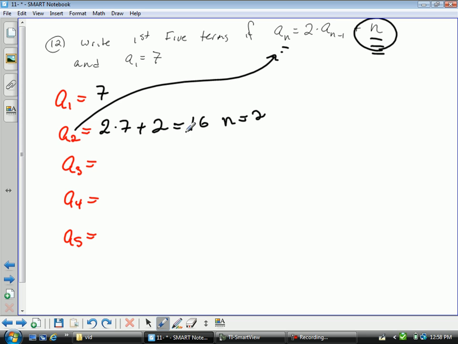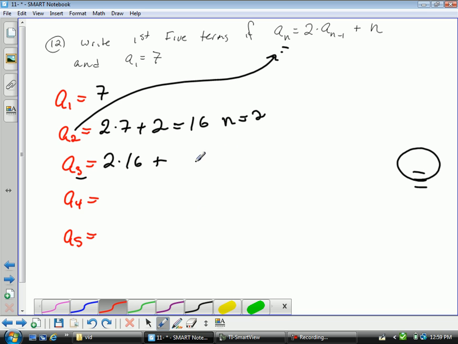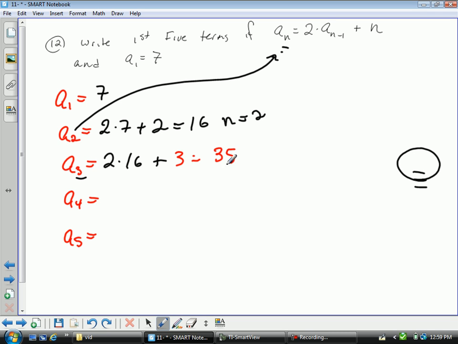So it's 16. Then for the next one, you're going to get 2 times 16 plus n. Well, it's that guy right there, which is 3. So it's going to be 32 plus 3, 35.